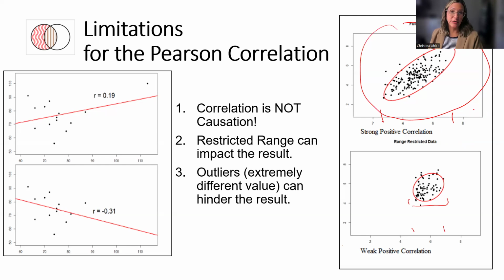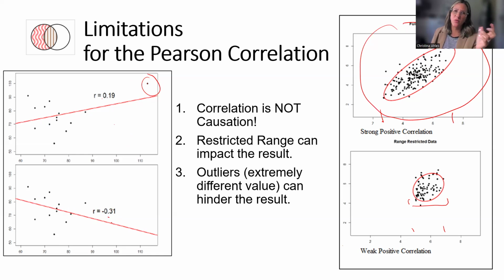And outliers can extremely impact things. So if you look at this top left one, there's this outlier out here. It's just one lonely score all by itself. What it suggests is a weak positive relationship, but it throws off the data. Over here, if that one data point is removed, it's actually a negative relationship, and it's negative 0.31.